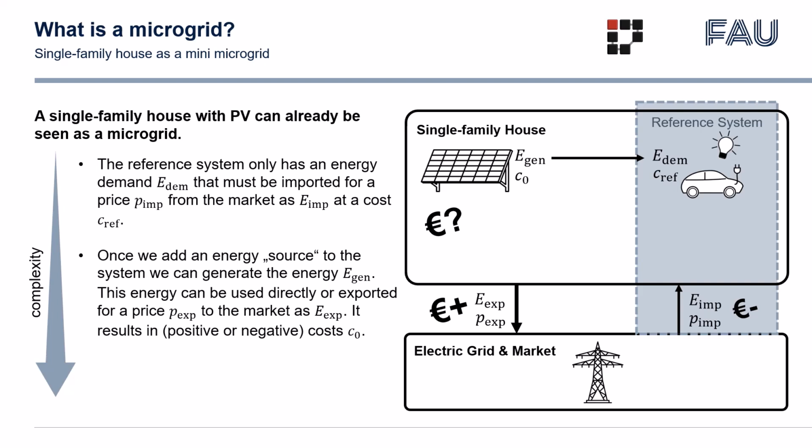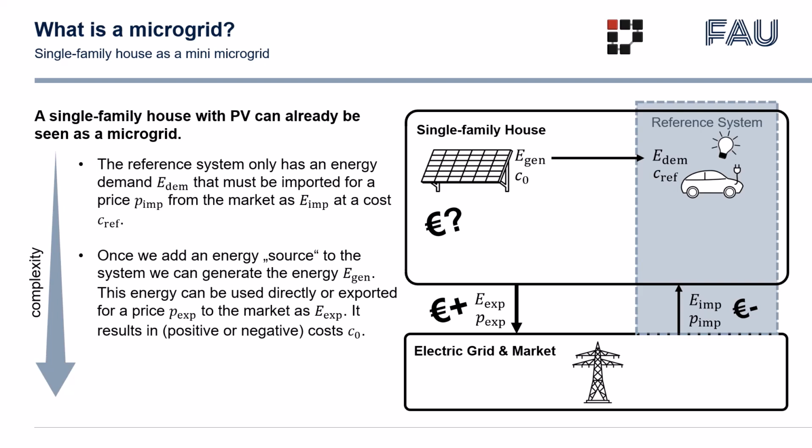Hence, at some points, you might be interested in exporting this energy, so selling it to the grid, sometimes also called to feed it in, for a price p_exp. So here export, exp for export. This will also save you some energy to import, because now you're producing your own energy within your system boundaries.